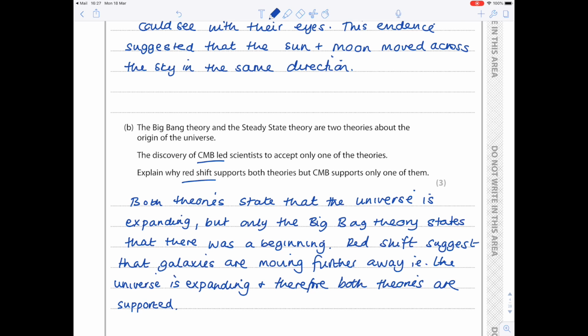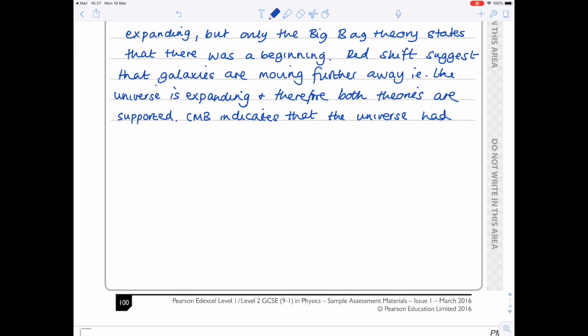However, the CMB which is present has to provide evidence for there being a beginning, and that's why it only supports the Big Bang theory and it is unable to support the steady state theory. Oh no, I haven't been concise enough, falling off the edge of the page here.